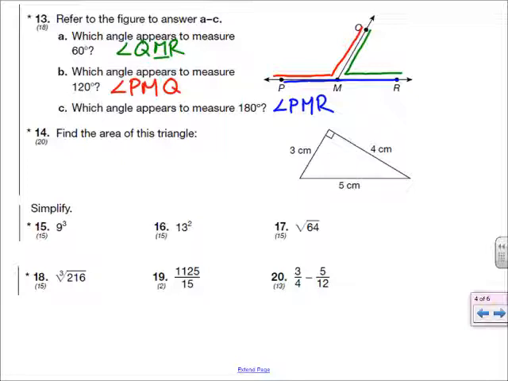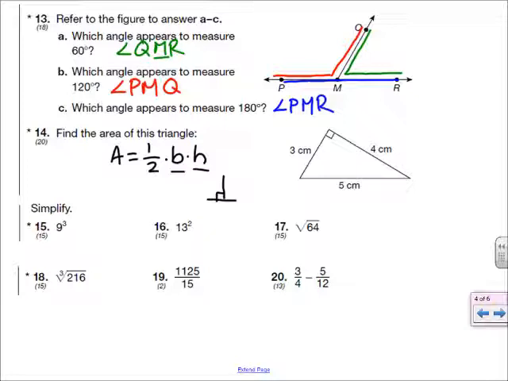Find the area of this triangle. When you are looking for the area of a triangle, the formula is 1/2 times the base times the height. And the base and the height need to be perpendicular. So you'll always see a little right angle symbol when they're talking about the base and the height.